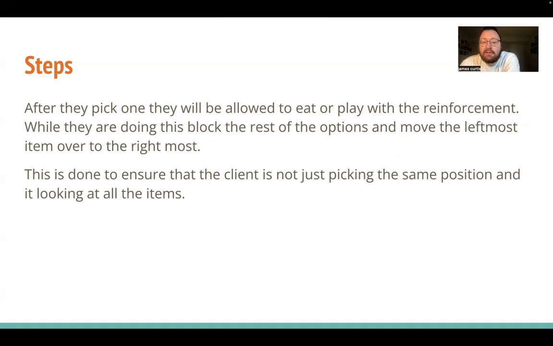This is done to ensure that the client is not picking the same position and is looking at all the items. Say we know the client really likes the ball and they just keep going left, left, left. Hopefully if we move the ball to the right side, the client might not want what's left in their line of sight and has to actually look at all the options and then pick which one they want.